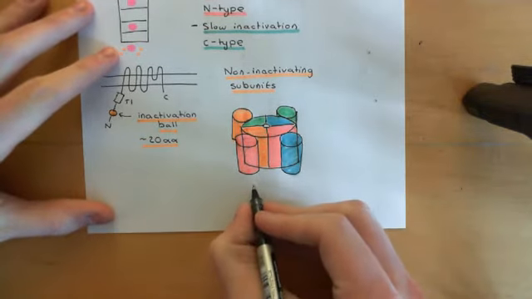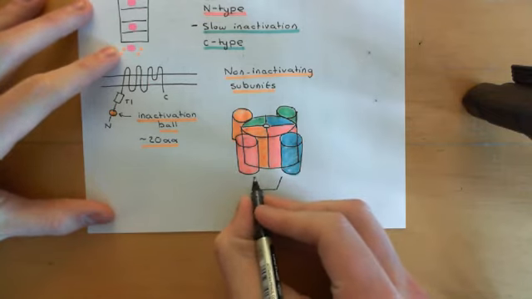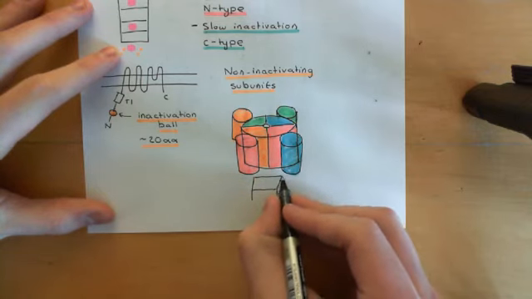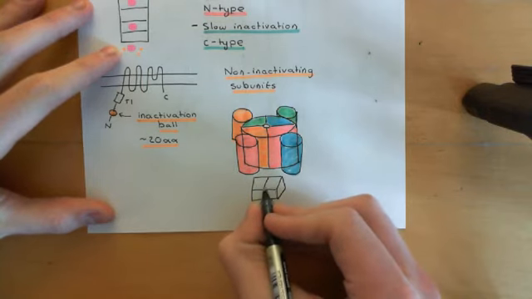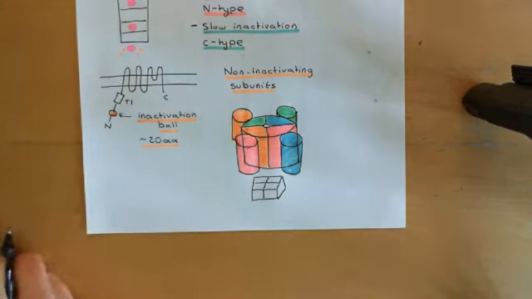Okay, so firstly let's just put the T1 tetramerization domains on here. Okay, and remember each alpha subunit's T1 tetramerization domain will be under the voltage sensing domain rather than the pore forming domain of that individual alpha subunit.